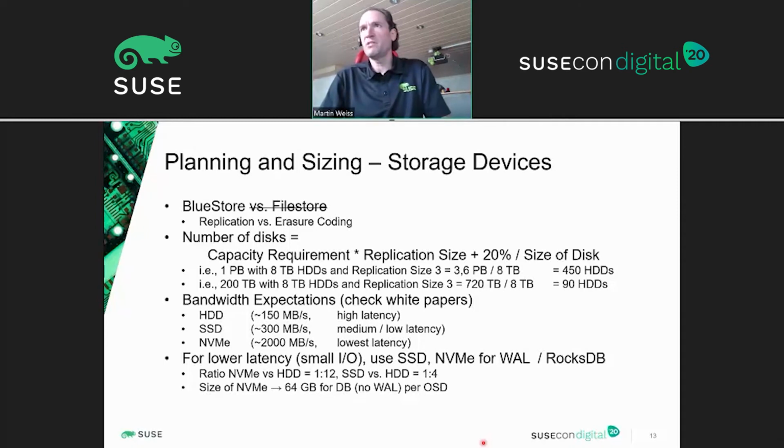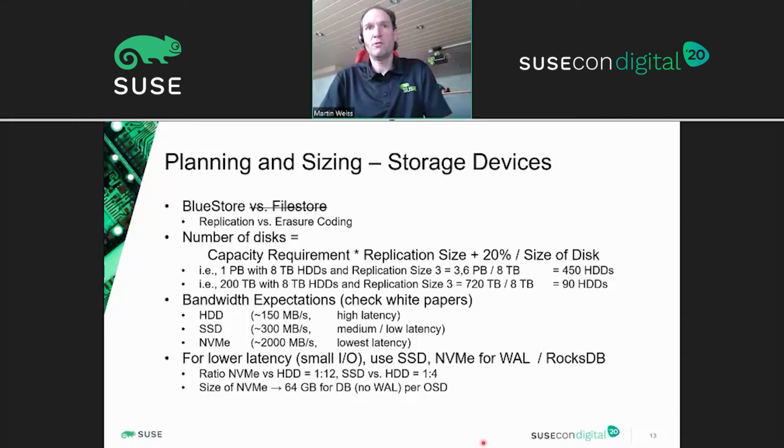For the data we store within Ceph, we have some metadata that we store in a separate area of the system that we call the write-ahead log and RocksDB. Basically, that's the database for the metadata of the objects we store in Ceph. We have the possibility to offload these onto separate devices, and we highly recommend doing that.